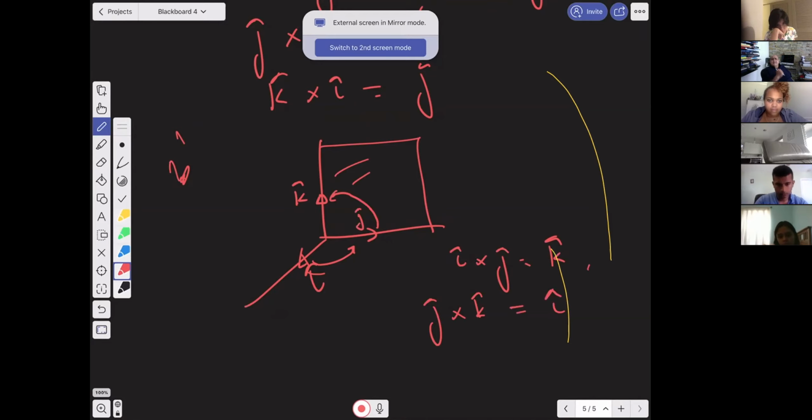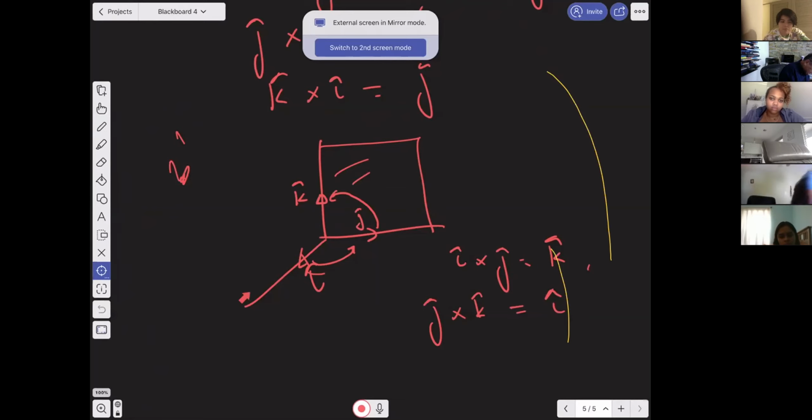Can you do it with your hands again, just so we can see it? Because I understand it on paper, but not with the hands. Well, the hand is like this. The arrow is my hand, okay?